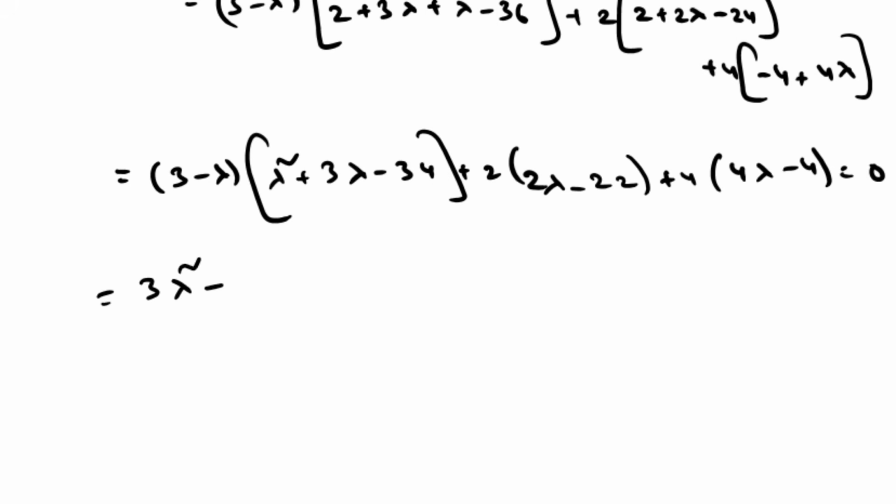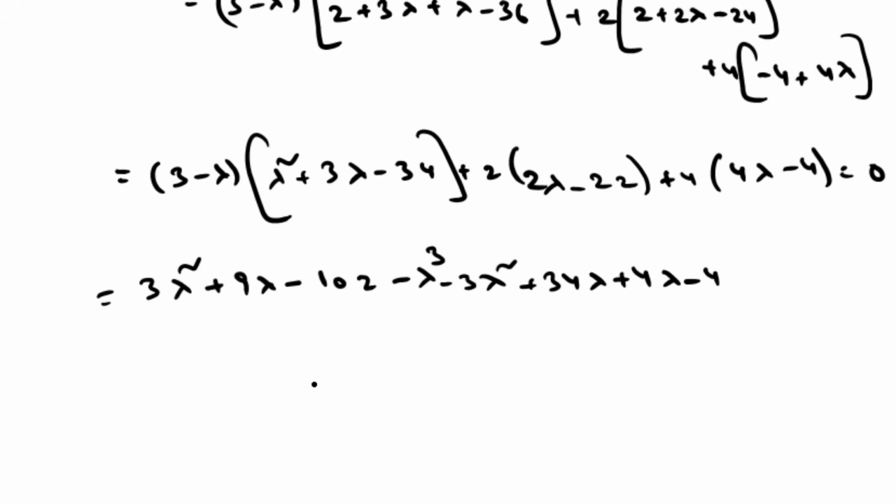Simplifying, 3 lambda square plus 9 lambda minus 102 minus lambda cube minus 3 lambda square plus 34 lambda plus 4 lambda minus 44 plus 16 lambda minus 16 is equal to 0.